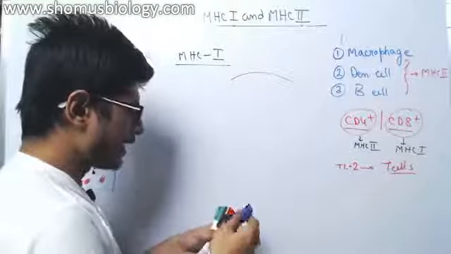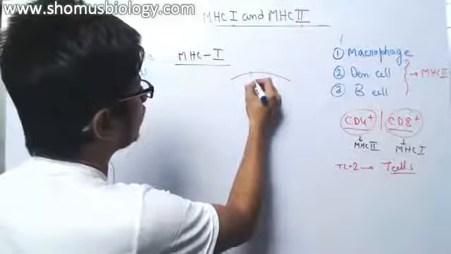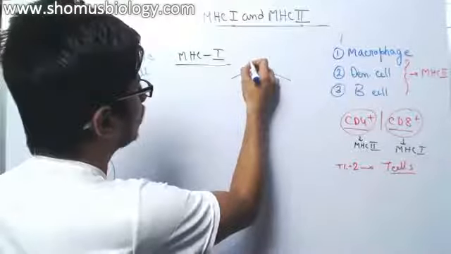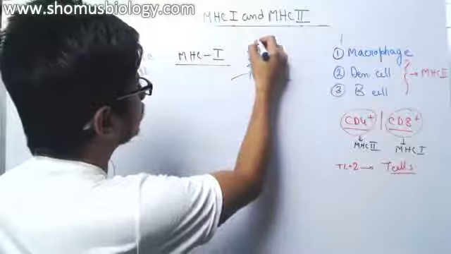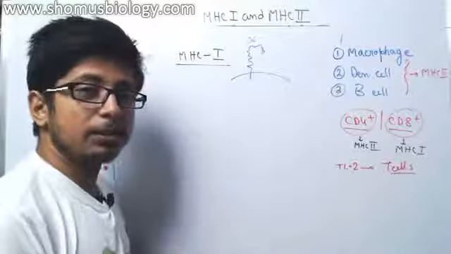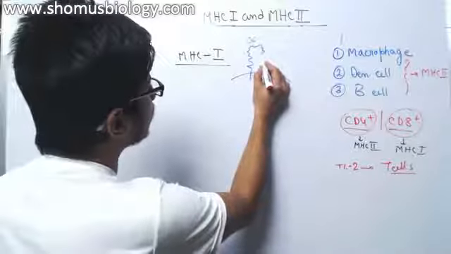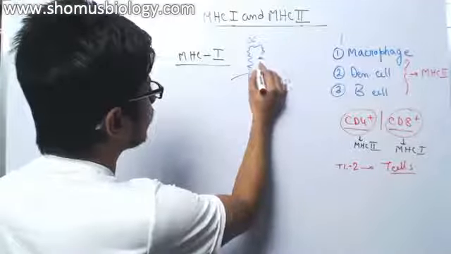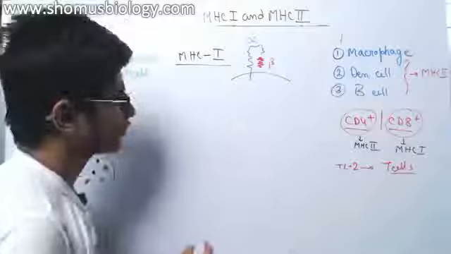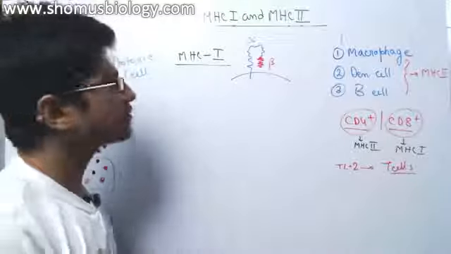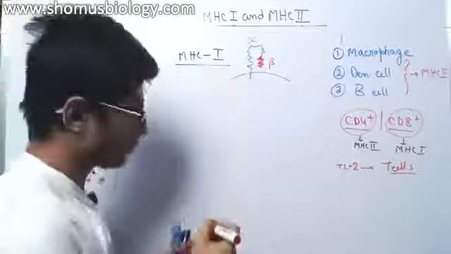It has two different chains. One is the alpha chain, which is the proper full alpha chain, and a partial beta chain. That is the structure of MHC1.